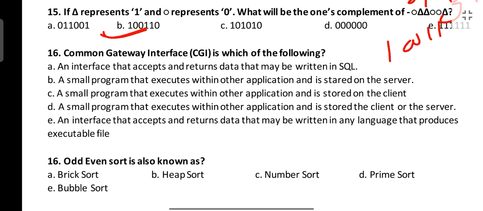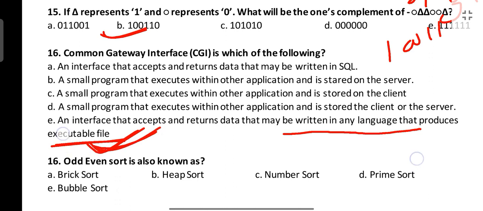It uses a set of rules and passes the user request to web resources such as a web server or web application, and sends the response back to the user. So the correct answer for this is option E. It is an interface that accepts the request and sends the response back, and may be written in any language that produces an executable file. So it is kind of a gateway or middleware.